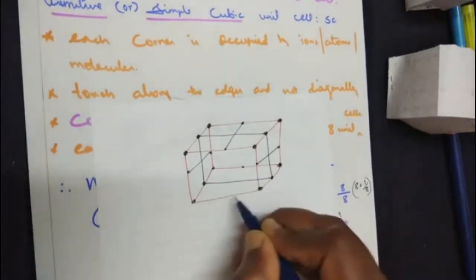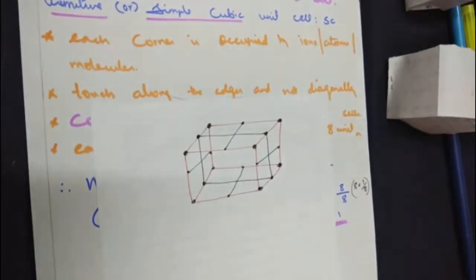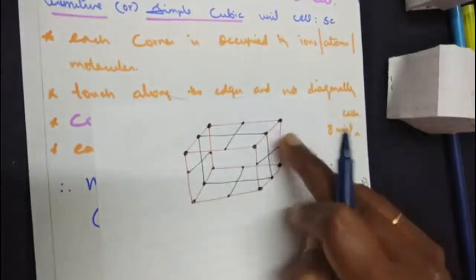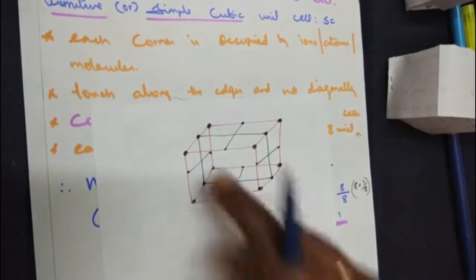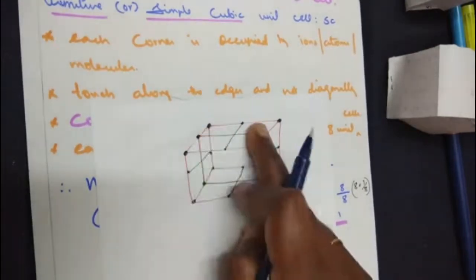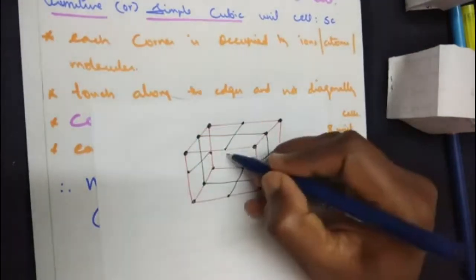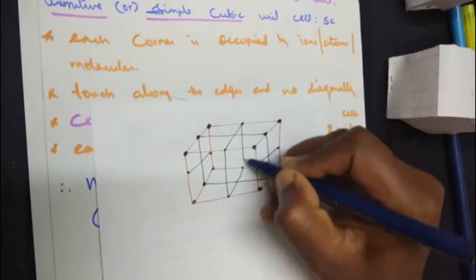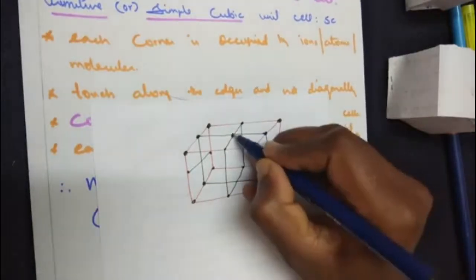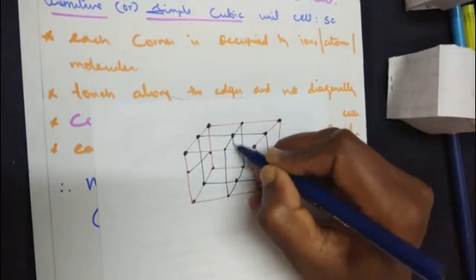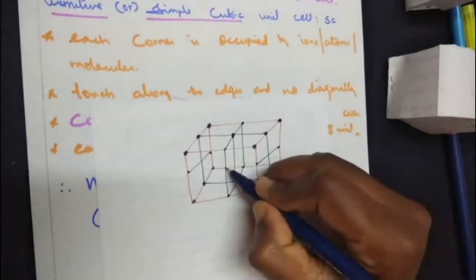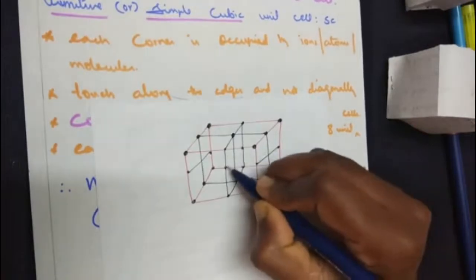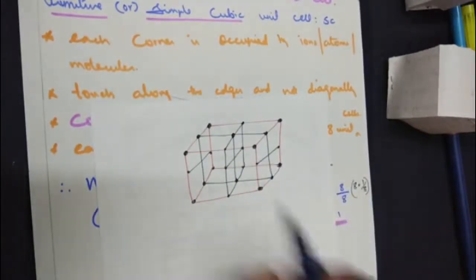Now keep 2 more points here, join the line. Now if you can see, 4 divisions in the lower part, 4 divisions in the upper part, and the other one also 4 divisions. Now here also you join the points. Keep a dot here and a dot here, join them. Only 2 divisions we can see. So keep a point here and a point here, join.